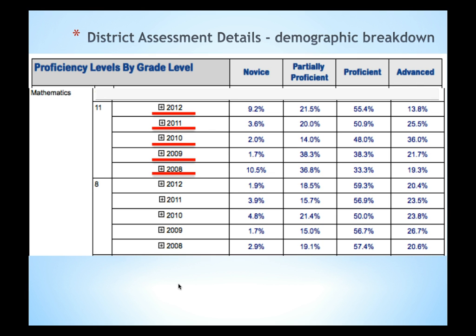So we have our 11th grade here. We see how they're performing in grade year 12, 11, 10, 9, and 8. And so this is a type of report that could give you some trend data, looking over your data and seeing if we're making progress.